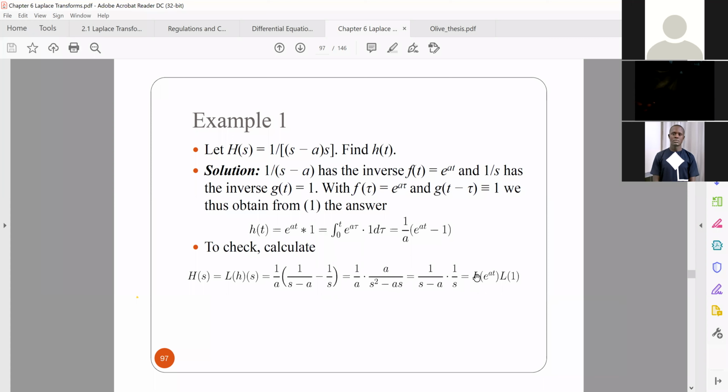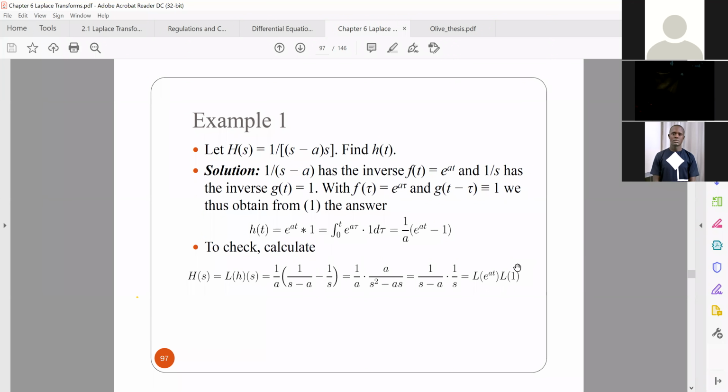If you do the manipulations, you'll end up with 1 over s minus a times 1 over s, which is essentially the Laplace transform of e^(at) times the Laplace transform of 1. This is a kind of proof, proving that the Laplace transform of the convolution is equal to the product of the Laplace transforms of f and g. It's a mouthful, but yeah.